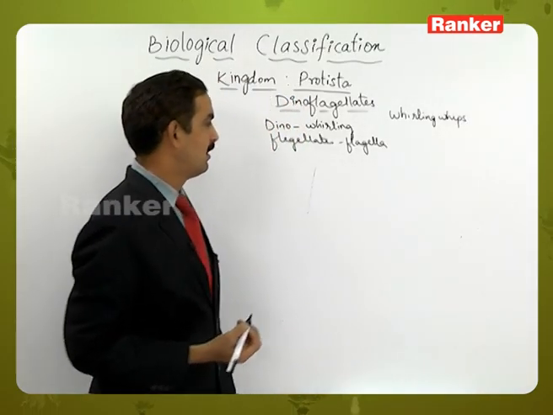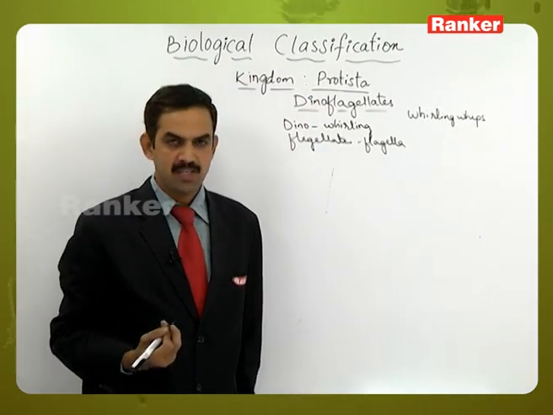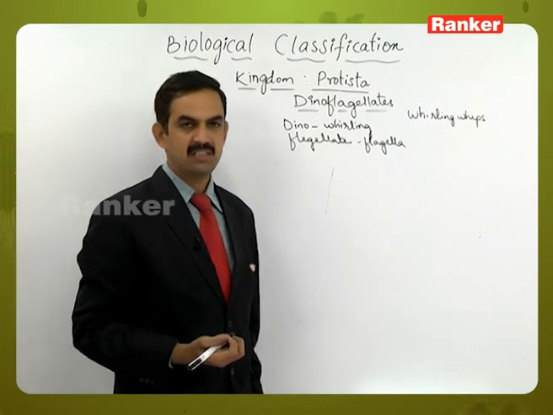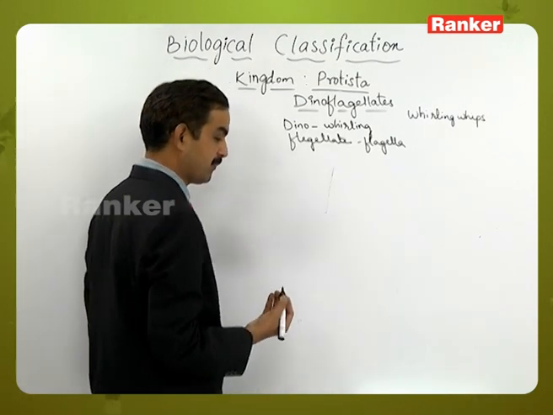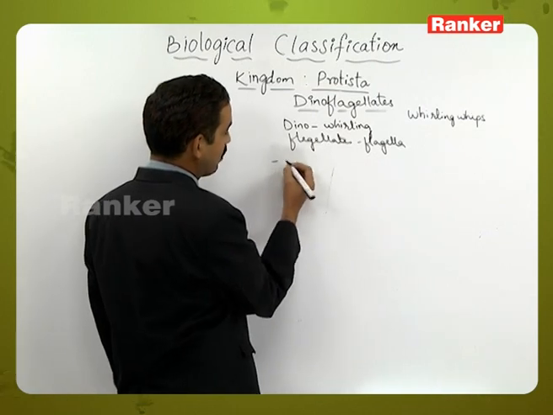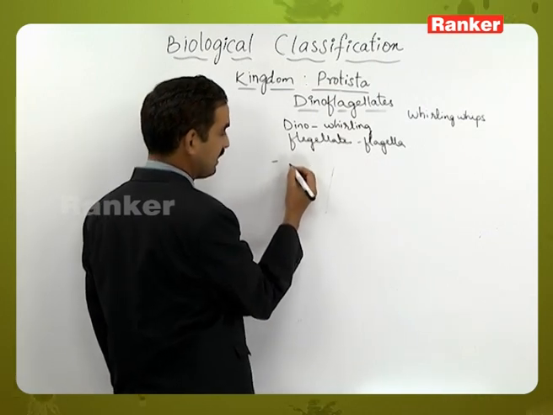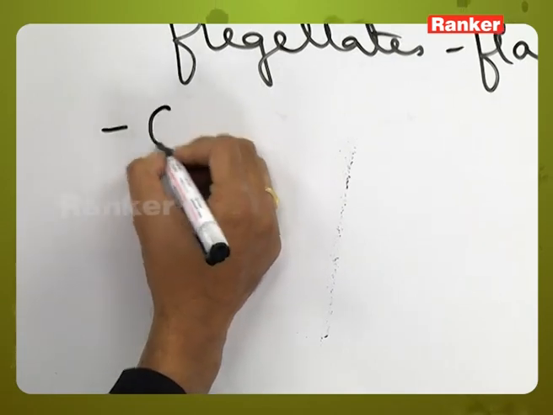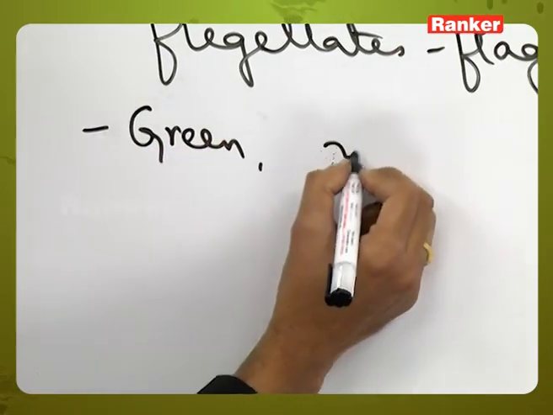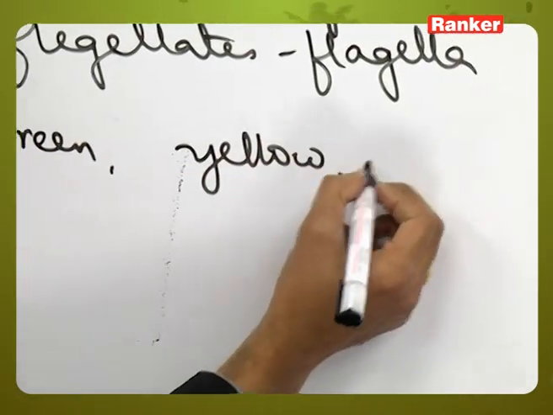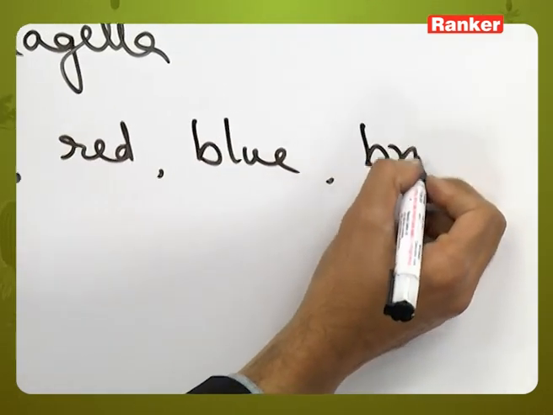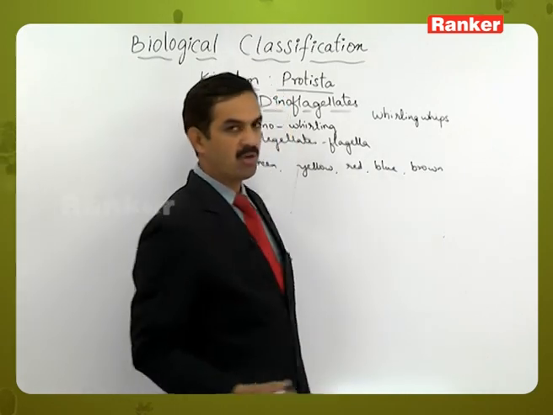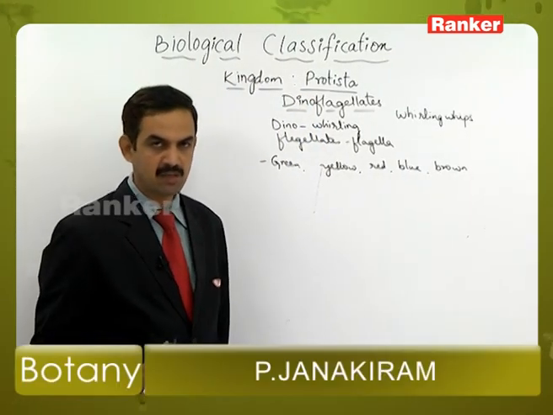The type of movement exhibited by the flagella of the dinoflagellates is why they are called whirling whips. And the dinoflagellates exhibit different colors. They may show green, yellow, red, blue, or sometimes brown color also, depending upon the dominance of the pigmentation.